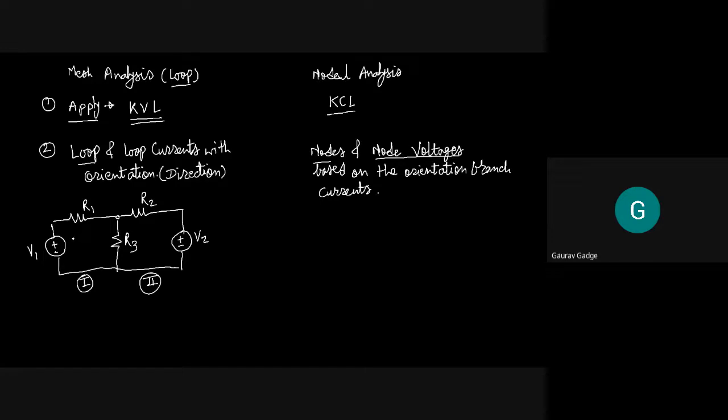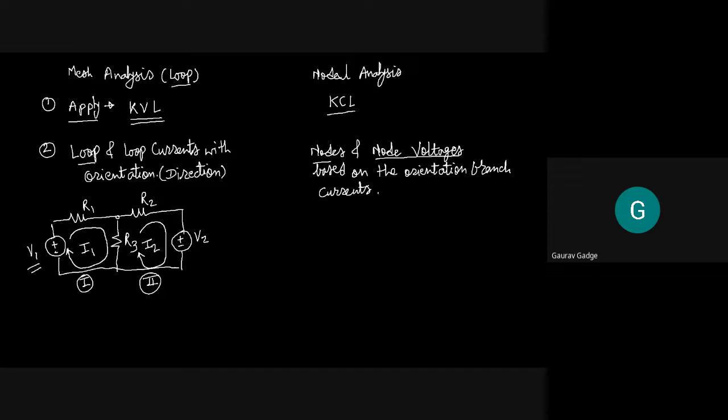So we have the first loop and second loop. With respect to V1, if we say that V1 is greater than V2, we follow the polarity of the first voltage source and we give orientation to this. So we get, say, I1 in clockwise orientation with respect to V1, and I2 also with reference to V1.